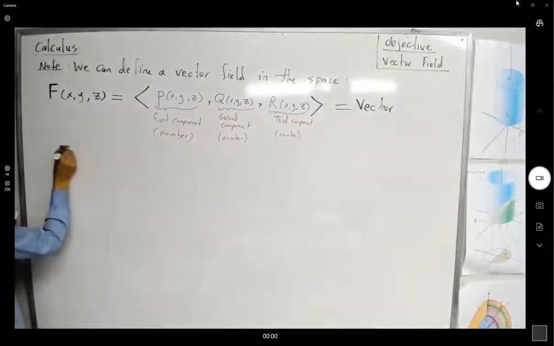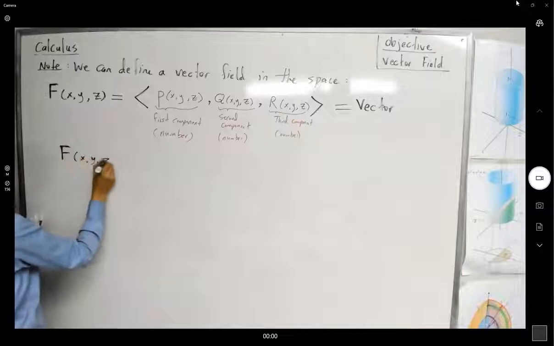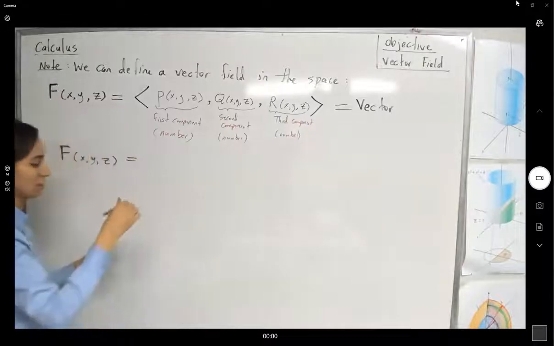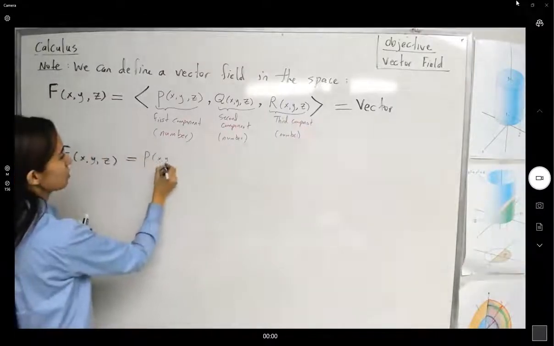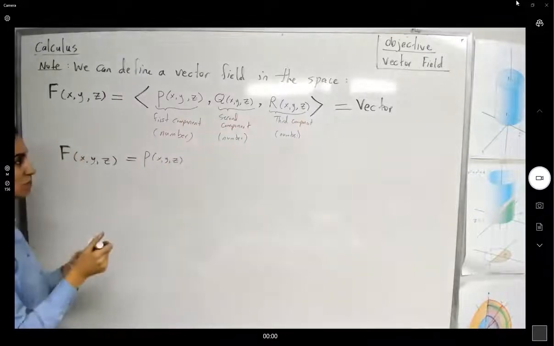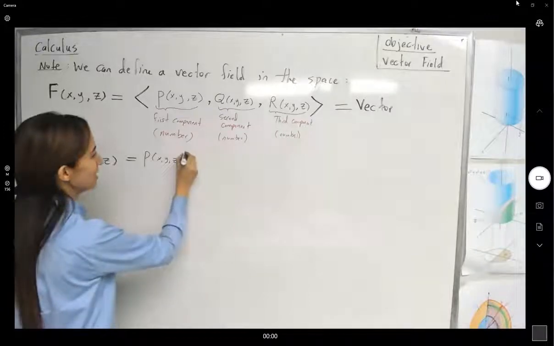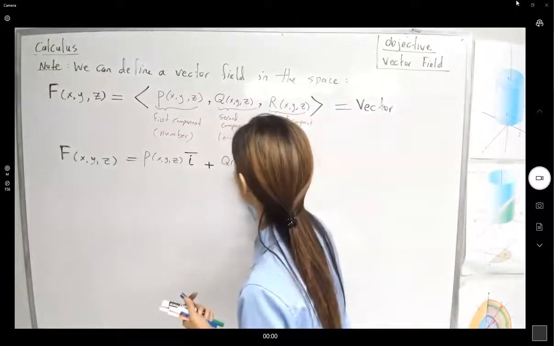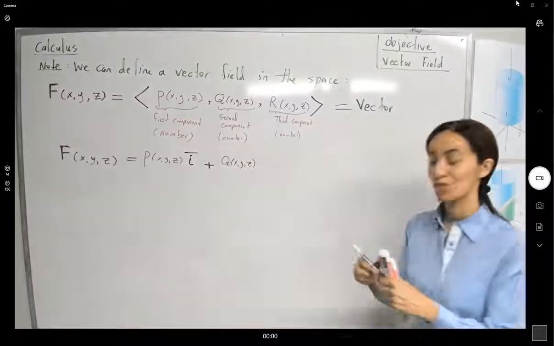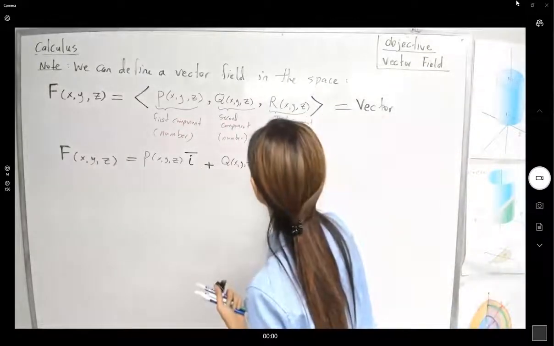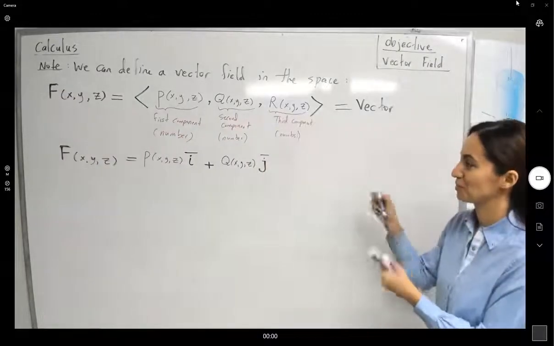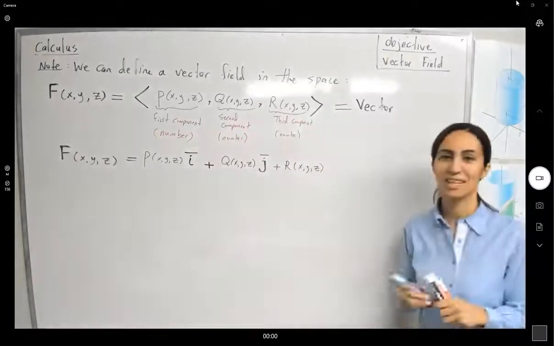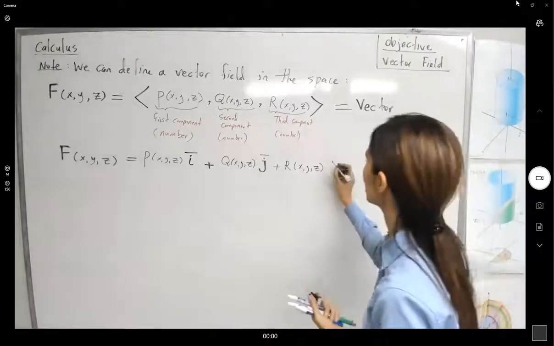F of x, y, and z as a vector field, as a vector function, can be defined as P of x, y, z times i, representing the x-axis, plus Q of x, y, z times j, representing the y-axis, and R of x, y, z multiplied by k, representing the z-axis.